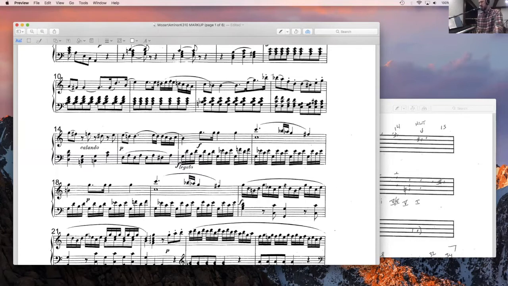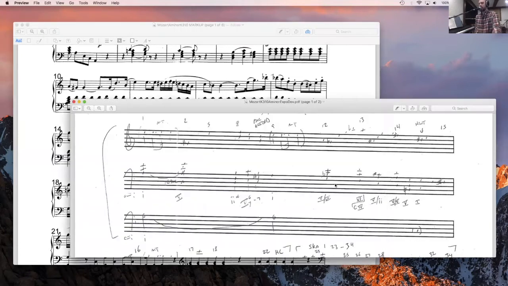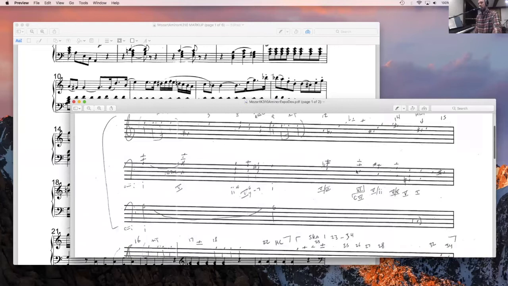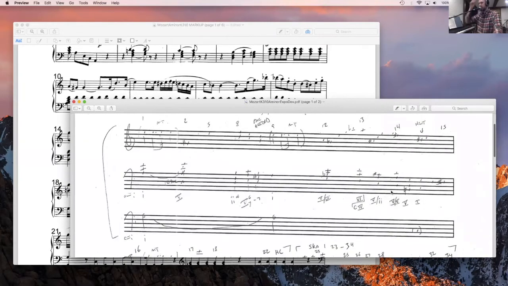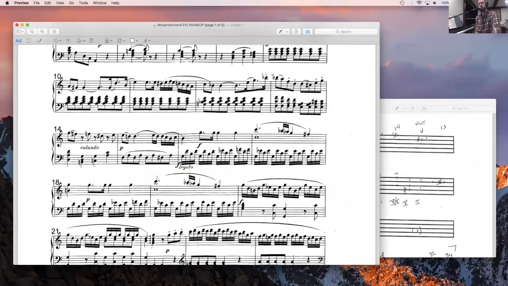So, what's going on here tonally? Well, we've been moving around, and all of that chromatic stuff was actually secretly taking us to C major. So, by measure 14, we've already made our way to C major.